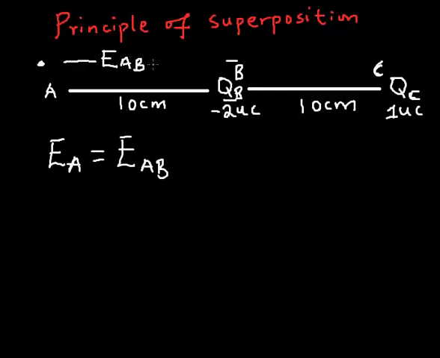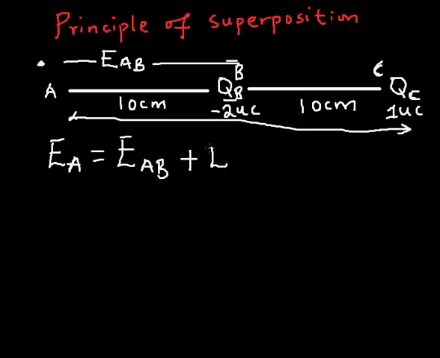Then of course I have another electric field at A, this time due to the charge at C. I'll call it AEC. So that is going to give me the total electric field at A. Now let's evaluate it.